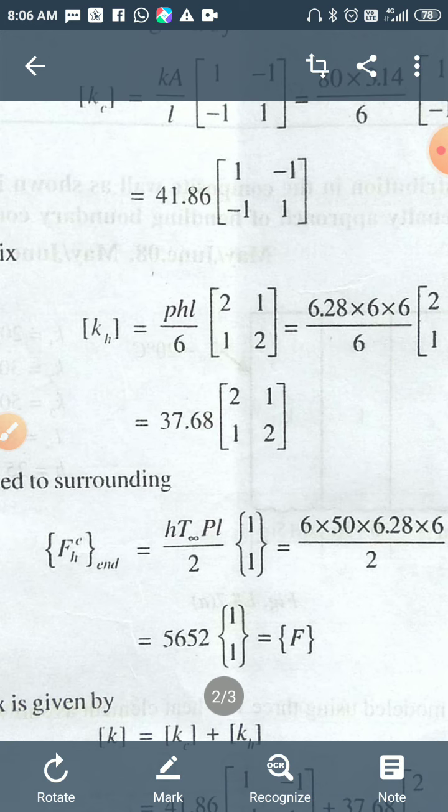You have to remember this. After substituting the perimeter, the convection heat transfer coefficient h and the length of the fin L, we get the matrix 37.68 into the matrix 2 1, 1 2.